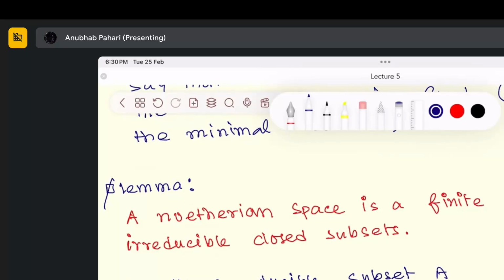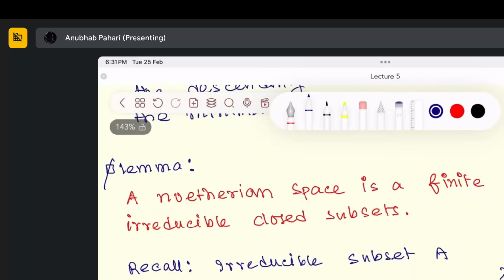So now, what do you mean by maximal irreducible subspace? That means that if you think of all the irreducible subspaces as a collection, these are the maximal elements.